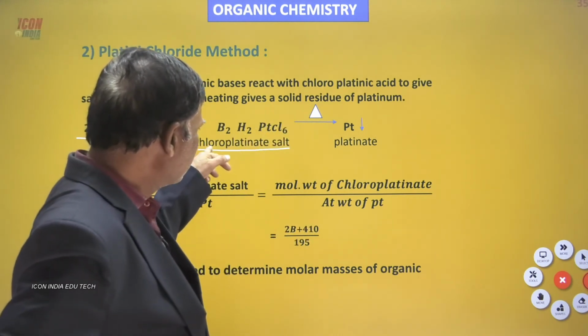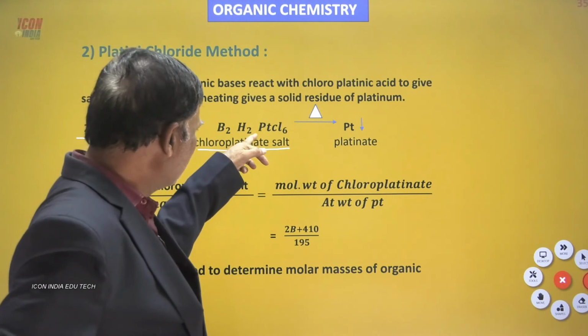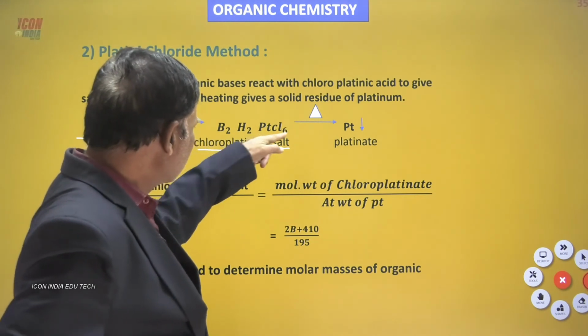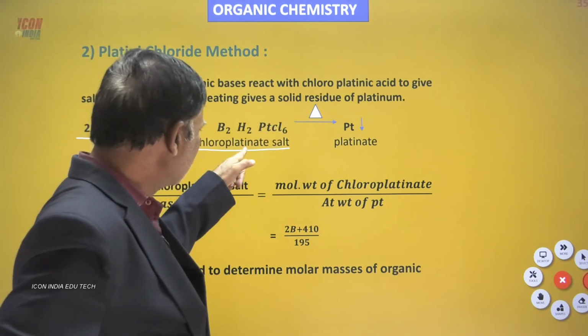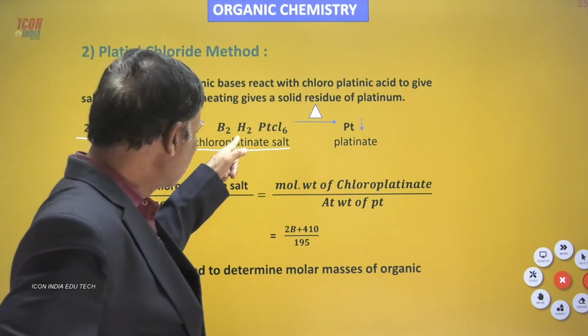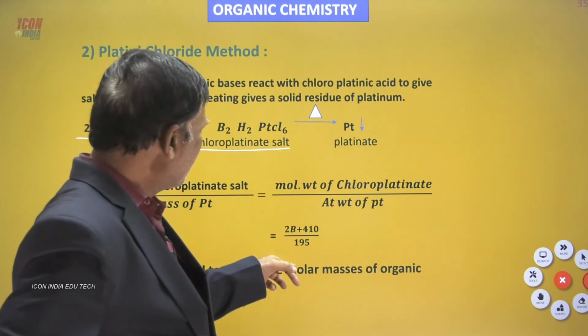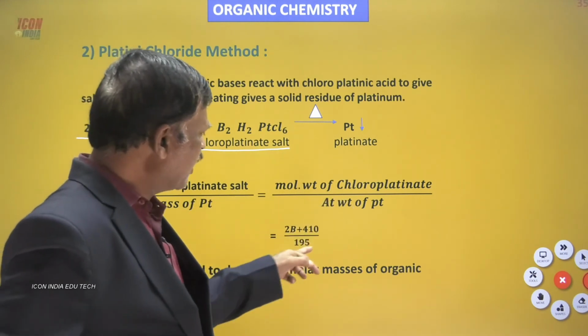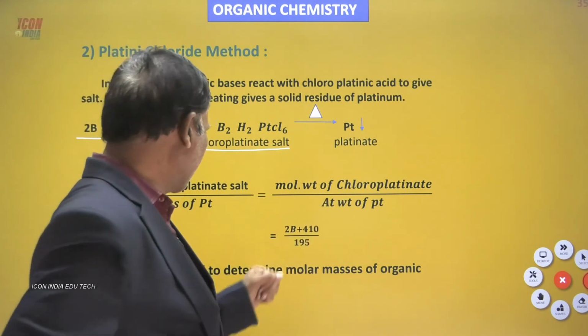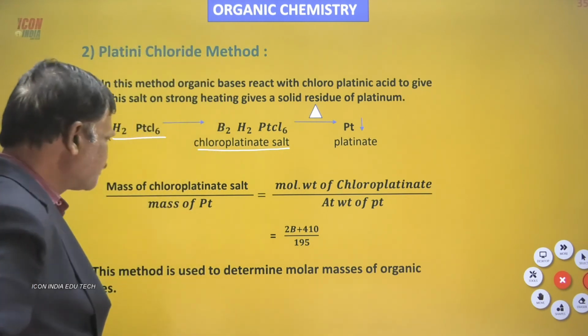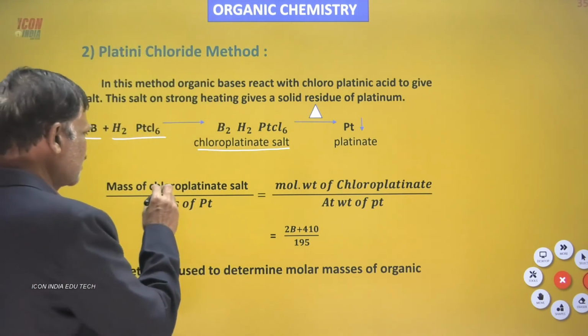So the molecular mass of this chloroplatinate salt is 2B plus 410, divided by atomic weight of platinum, that is 195.